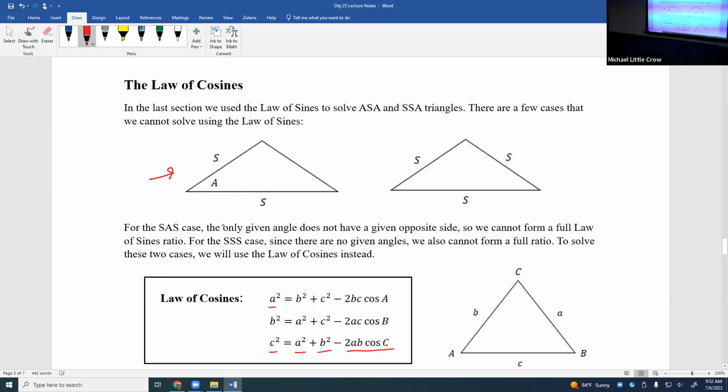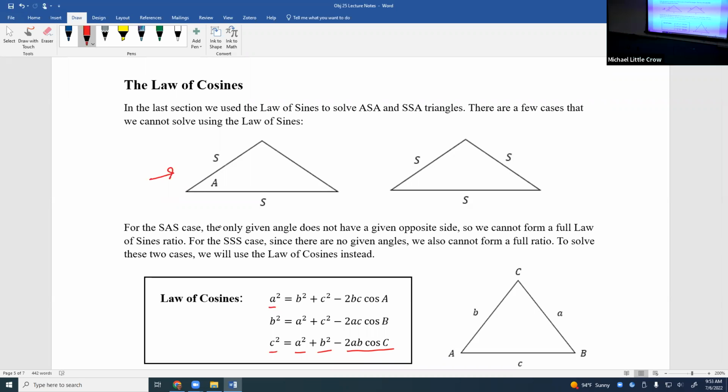You can't use the law of sines because you don't have an angle and the side opposite it. With side-side-side, we don't have any angles, so we can't use the law of sines because we need that angle. But notice in all these formulas, you have all three sides and one angle, so we'll be able to solve for the angle.